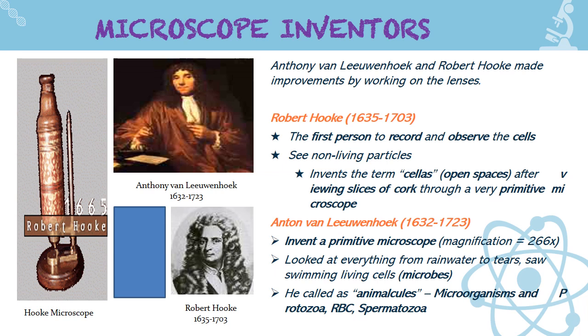He looked at everything from rainwater to tears, and he saw swimming living cells, which were microbes. At that time, he called the microbes animalcules, but perhaps the animalcules were microorganisms or protozoans, and also the red blood cells as well as the spermatozoa found in his samples.